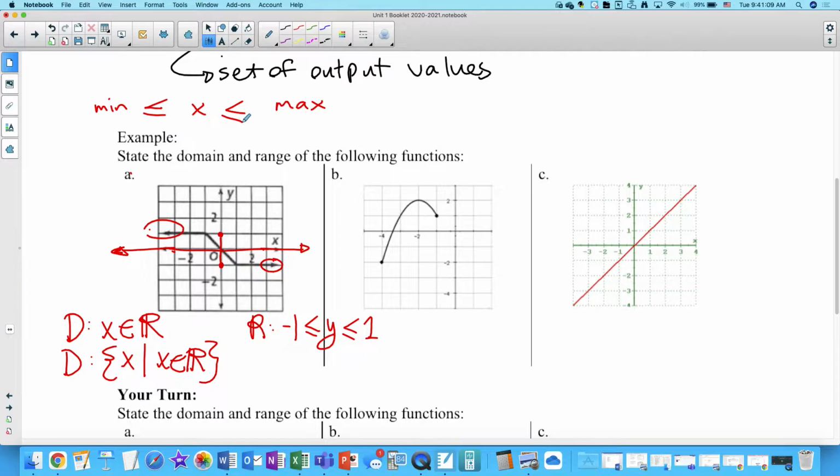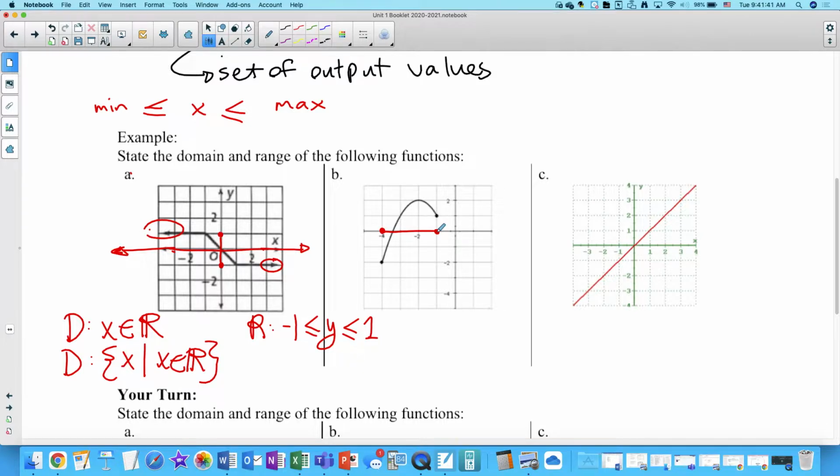So if I'm looking at the leftmost value, that happens right here. And this dot is colored in. Sometimes you'll see those dots are hollow. If it's hollow, that point isn't included. And that's an example of where you just use a less than rather than a less than or equal to. The rightmost point is right here. That's my domain.